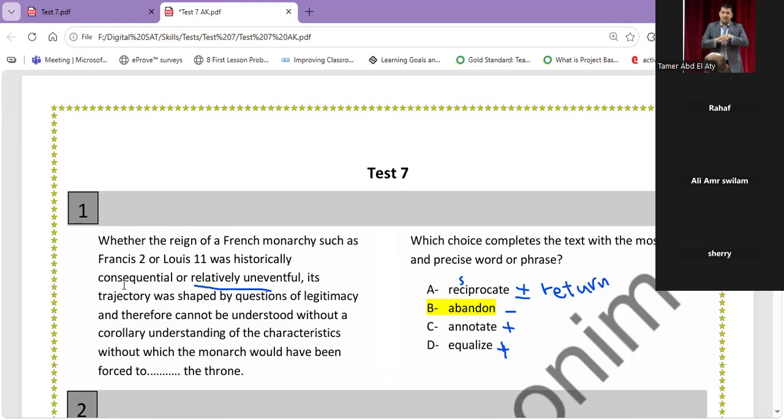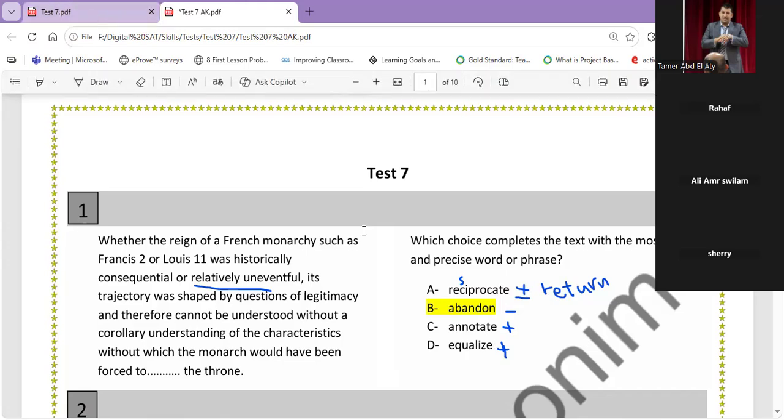Its trajectory was shaped by questions of legitimacy and therefore cannot be understood without a corollary understanding of the characteristic without which the monarch would have been forced toward the throne. Here he said relatively uneventful, without an event. So that means he was kidnapped, he was kicked out. So abandon the throne.